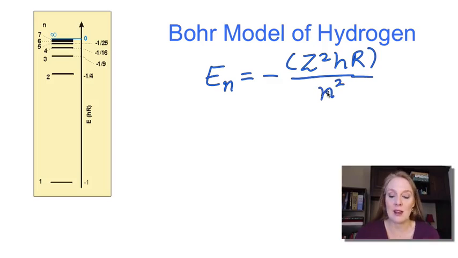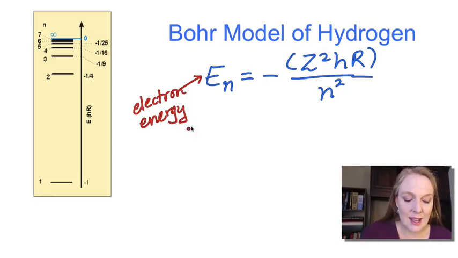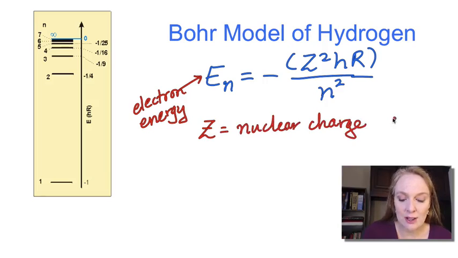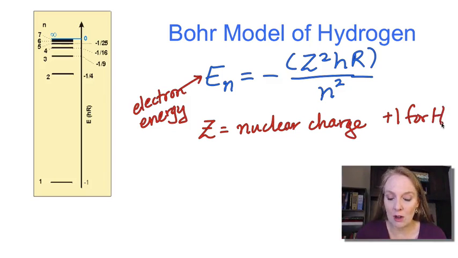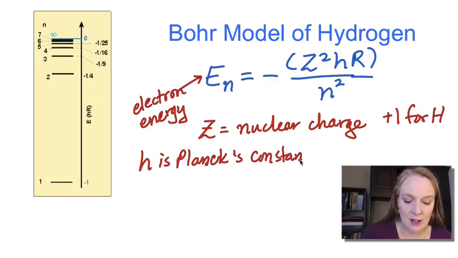What do these variables stand for? E, of course, is the energy. Let's call it the electron energy, just to be more specific. Z is the nuclear charge, which for hydrogen is +1. And in fact, the Bohr model only works for atoms that have a nuclear charge of 1. h is Planck's constant, not Balmer's constant that we saw in the previous slide.